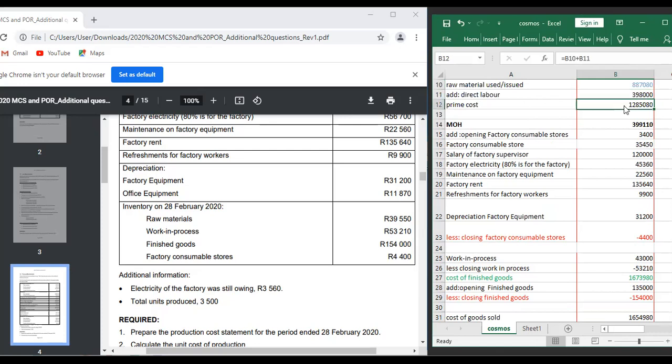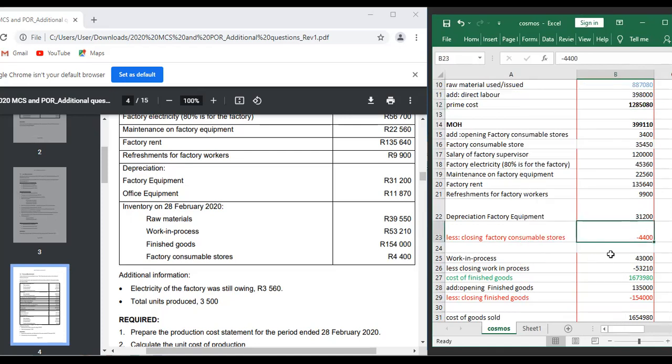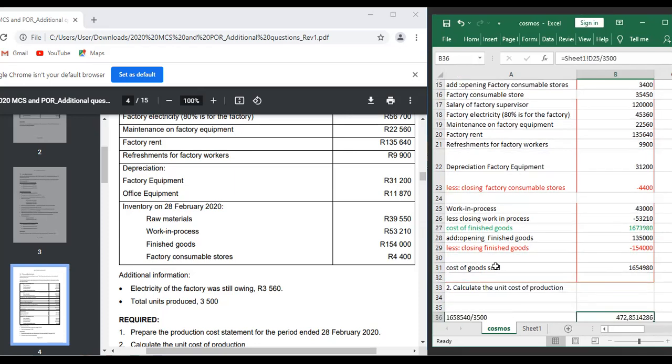You add these two, and then you less this one. Then you add this one, then you subtract this one, and you get this figure as it is. Moving on, guys, we have answered the first question of calculating the cost of goods sold.